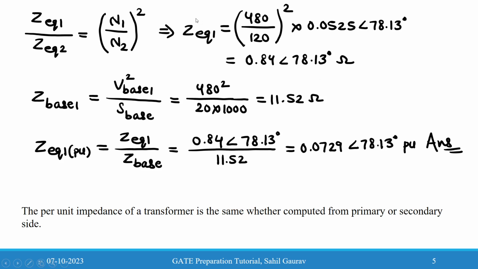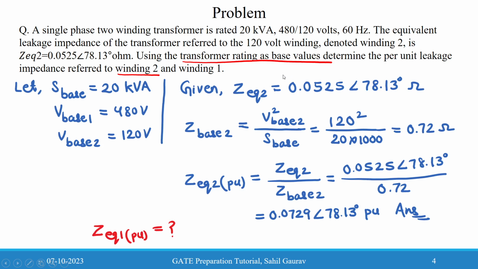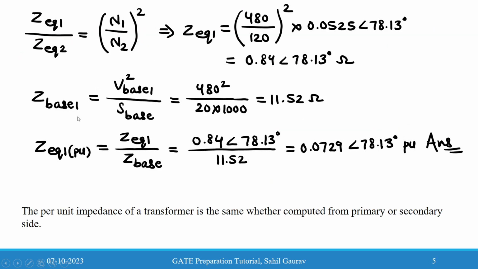This is the equivalent leakage impedance referred to the 480 volt winding. Now we have to find the base impedance to get the per unit quantity. Therefore, we apply Z base 1 equal to V base 1 square divided by S base, so you will get 11.52 ohm.